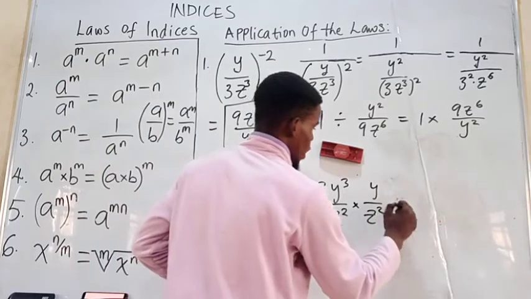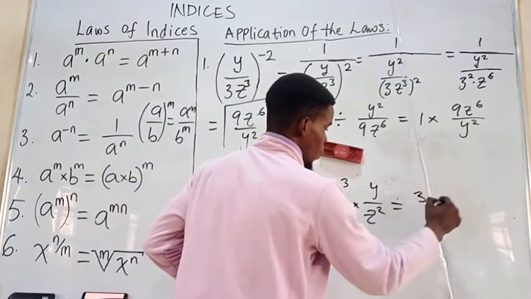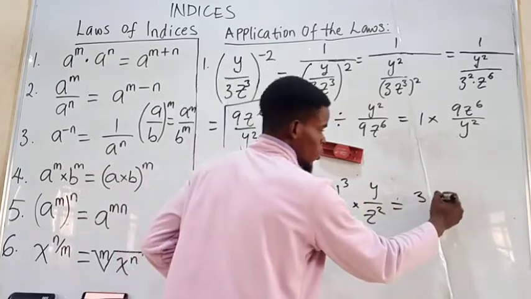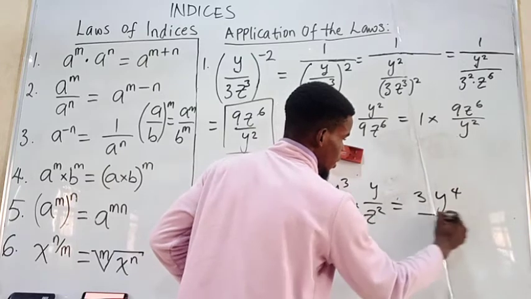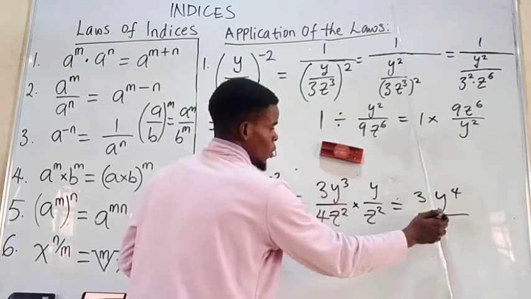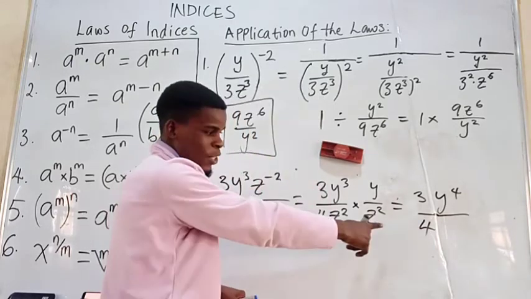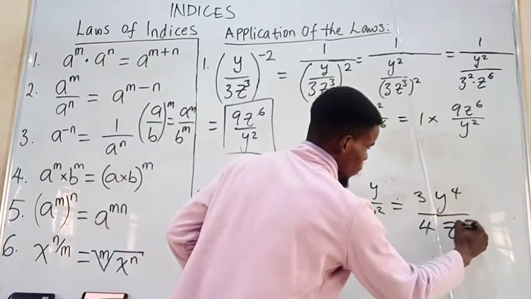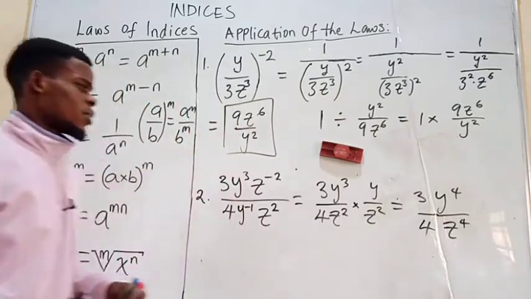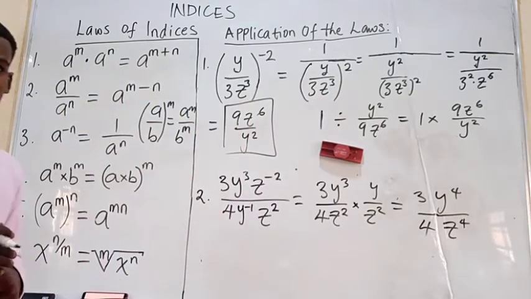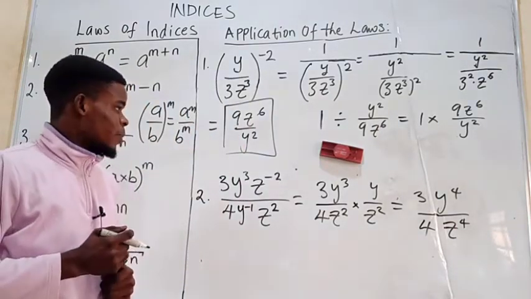We're going to see that we're going to have 3 y to the power 3 times y to the power 1, that is y to the power 4, divided by, now, 4 in the bottom, then z to the power 2 times z to the power 2, that is going to be z to the power 4. Okay, I don't think there's any other work to do. So that's a nice place to stop.